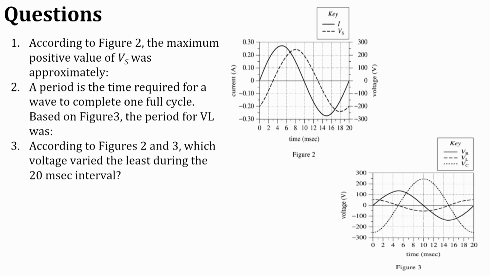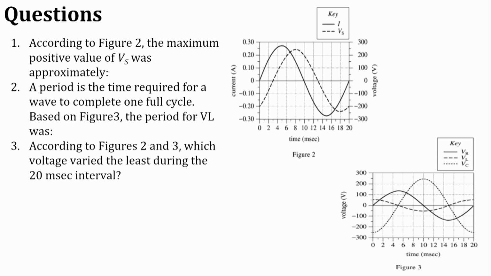The crest for VR is about 150 voltage, and then the trough on the right, closer to 15 milliseconds, is about negative 150. So that's almost a 300 voltage difference as well. Let's look at VL. VL was the one we were looking at for the previous question. Okay, so the crest for VL looks like it's at 50 voltage, right?